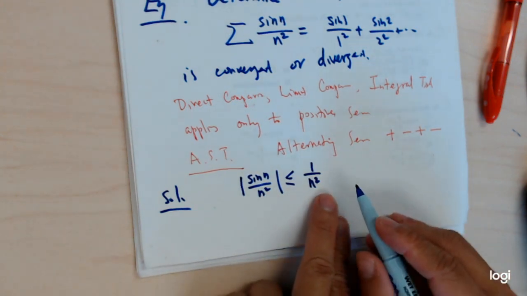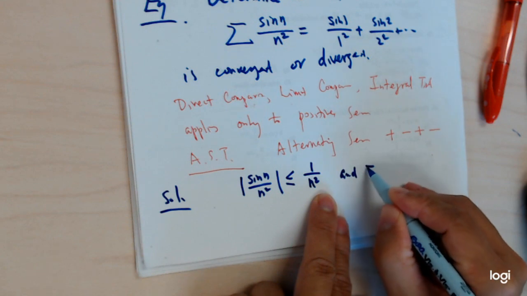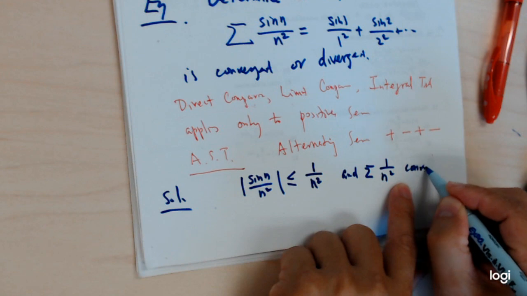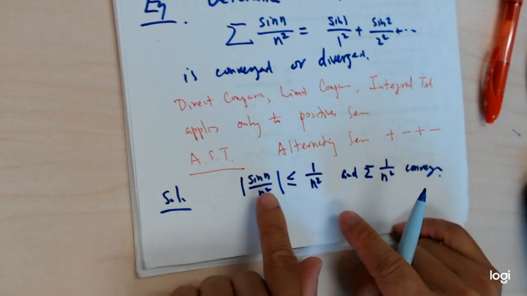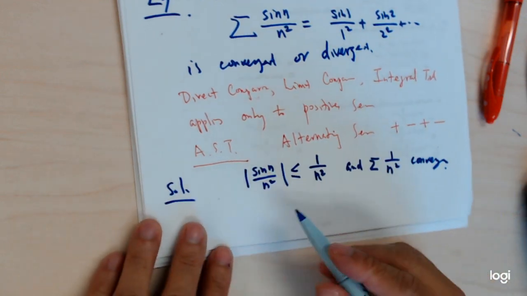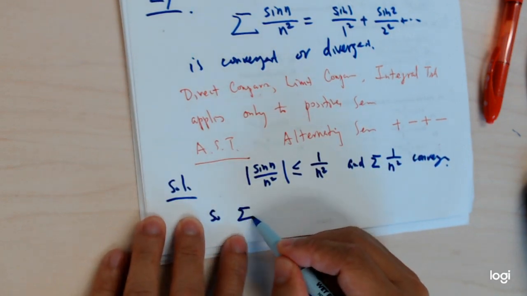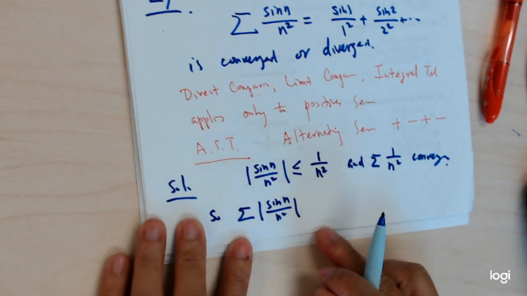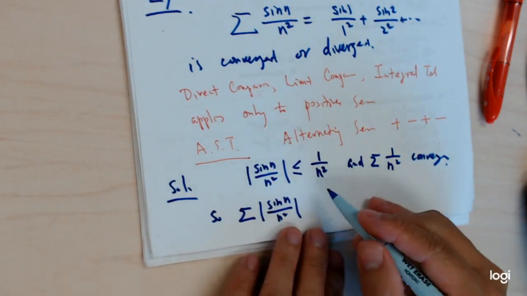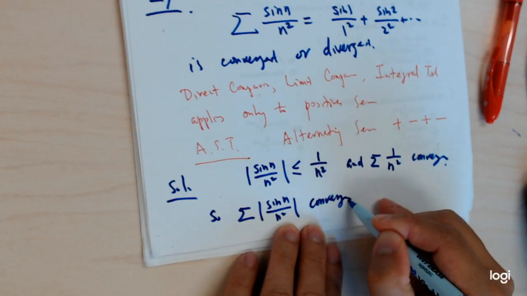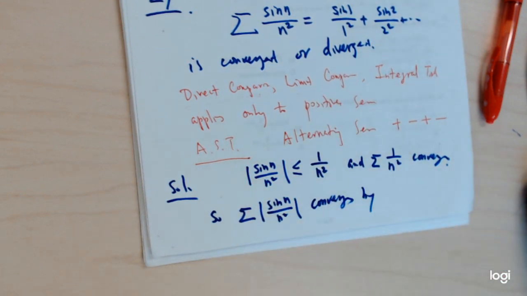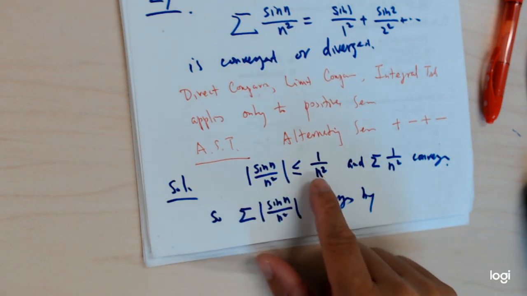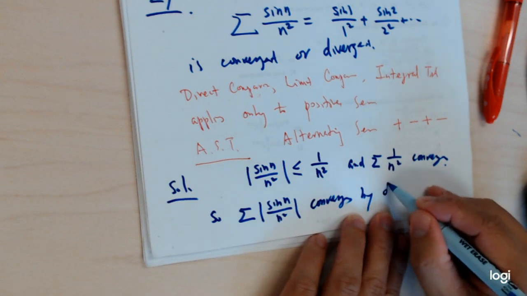Because this is less than this, and we all know this one converges. So that's the smaller one, that's the bigger one. So I can say, if you take the absolute value of all the terms, this new series converges by what test? By the direct comparison test, directly comparing with 1 over n squared.